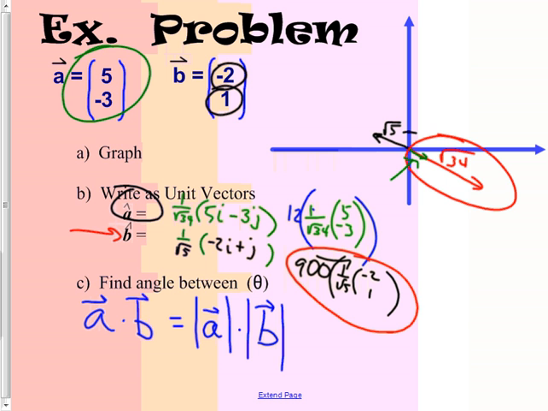You're just multiplying the two magnitudes, and that's multiplied by cosine of the angle. So to solve this thing, you never know the angle. So how do you solve for an angle? You use a calculator and type what button? Inverse cosine. Okay, so we'll use inverse cosine at the end of this puppy.